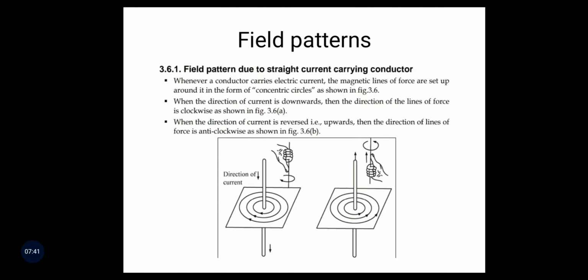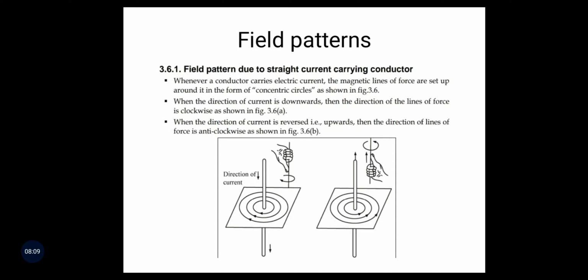Whenever a conductor carries electric current, the magnetic lines of force are set up around it in the form of circles. When the current carrying conductor produces magnetic flux, it forms circles.